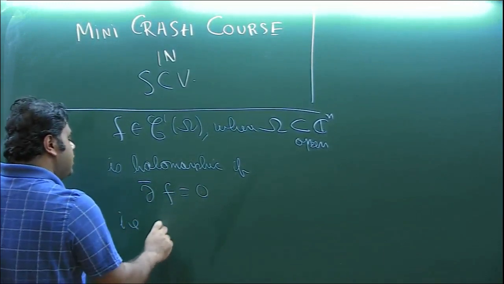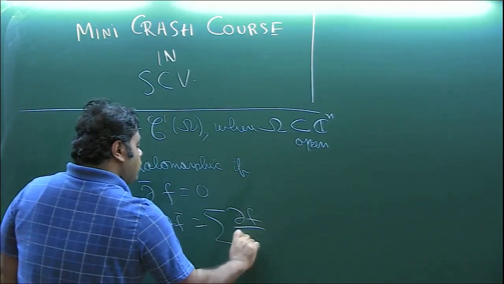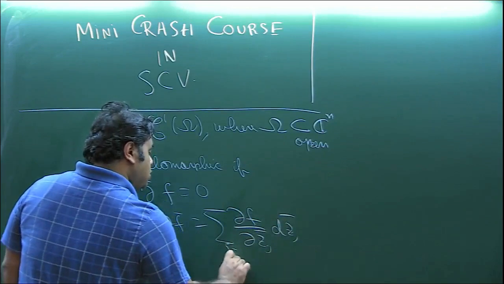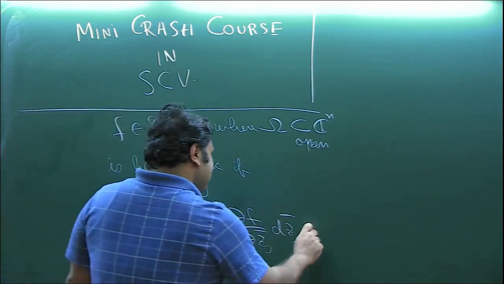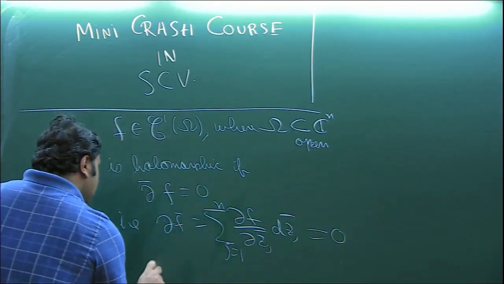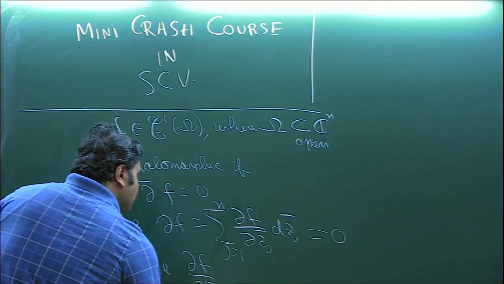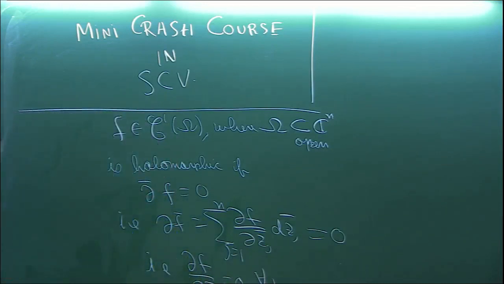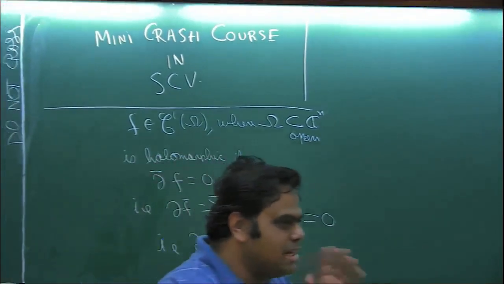So recall what ∂̄f is. ∂̄f is the sum of ∂f/∂z̄_j dz̄_j. I'm not using the summation convention, I'm writing the summation sign. So this is equal to 0, which is to say, all it is saying is that it is holomorphic in each variable. So that's all there is to it.